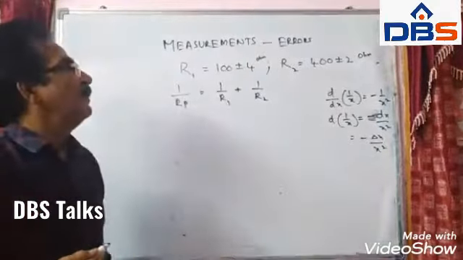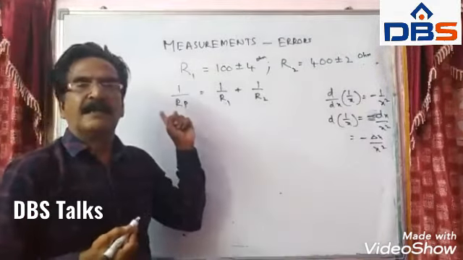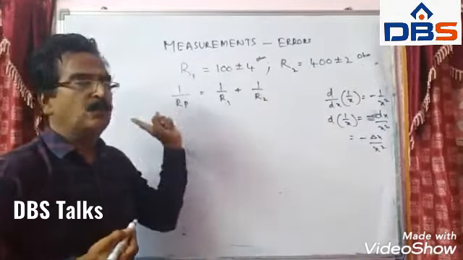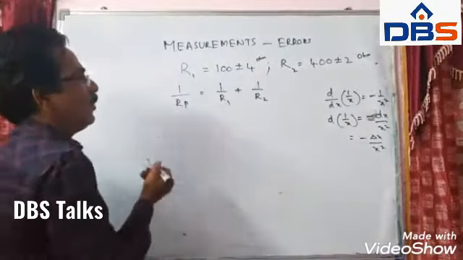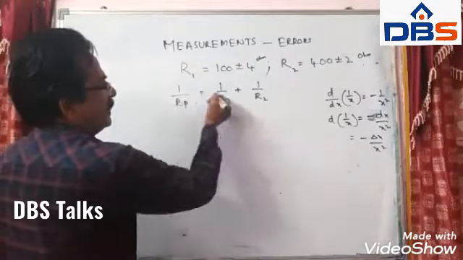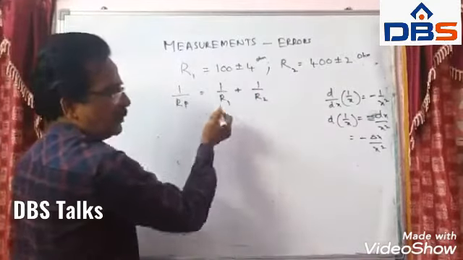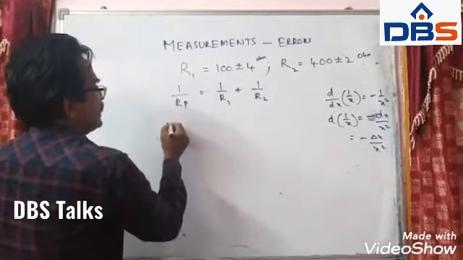This we know. So accordingly this formula reduces to, both sides are minus, so we can eliminate minus.